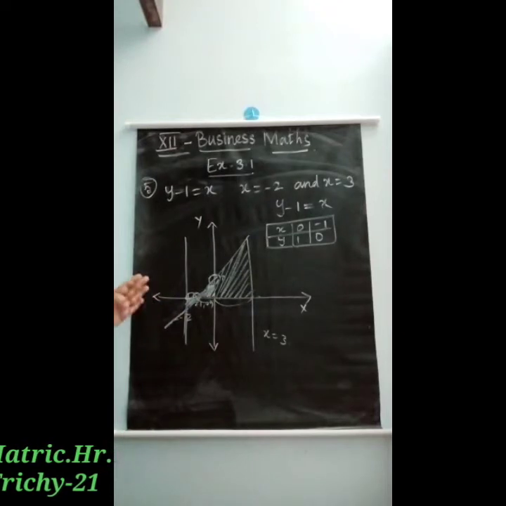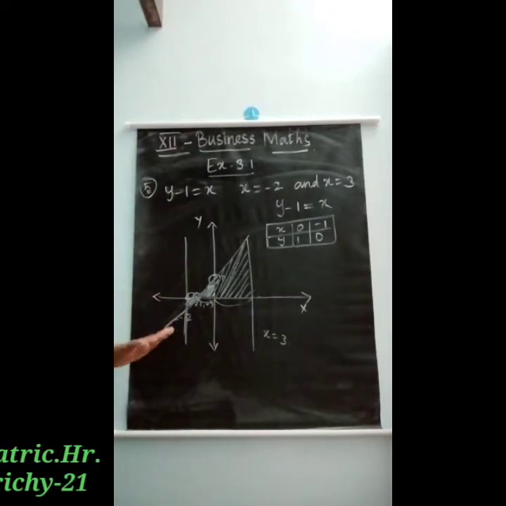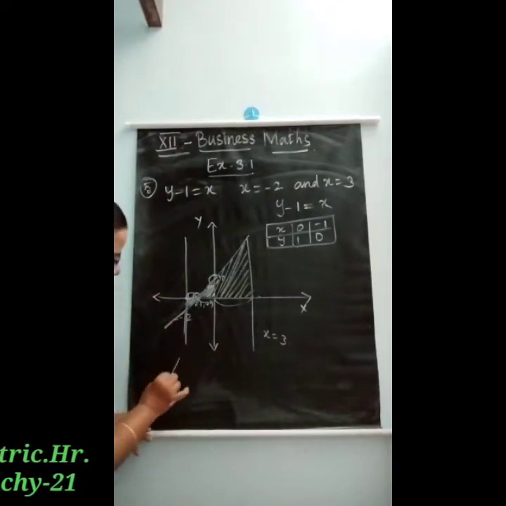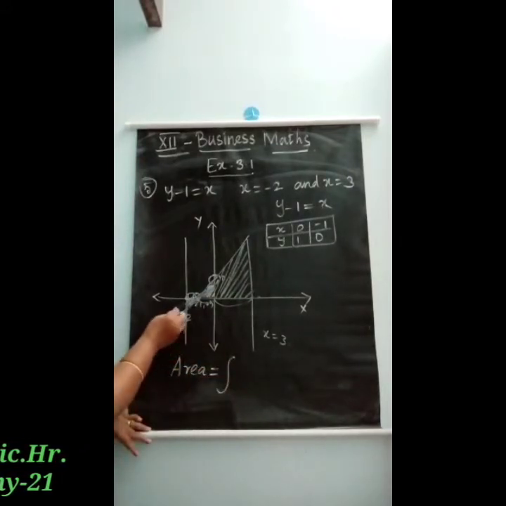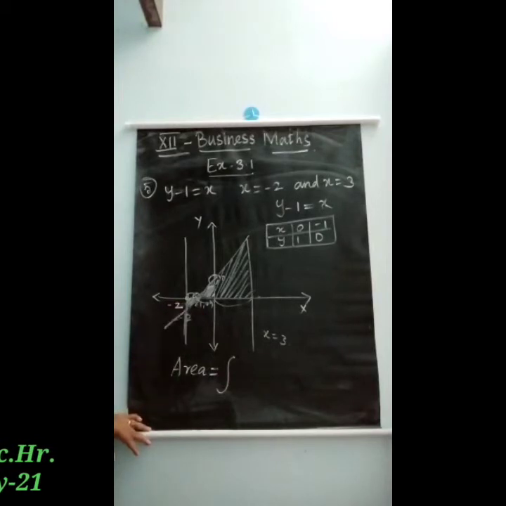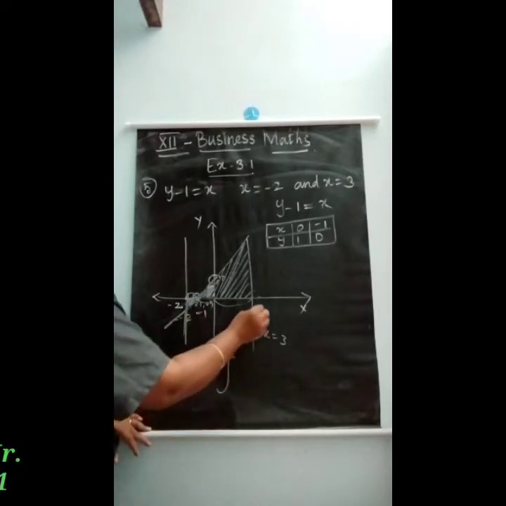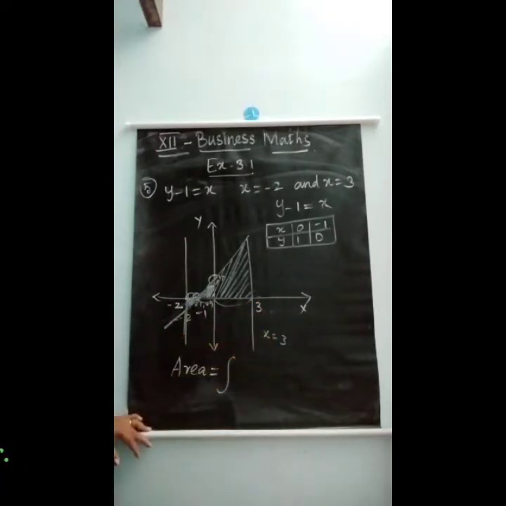So based on this diagram, the area is equal to the integral, where this is minus 2, this is minus 1 and this is 3. First you have to take the left hand side.